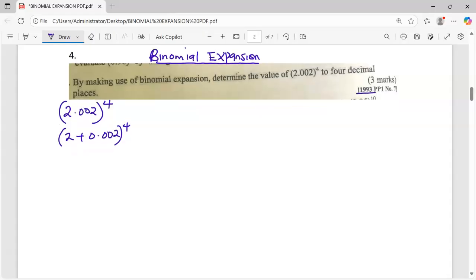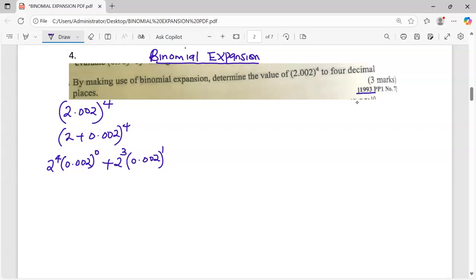Once we have done that, we can now expand in the normal way by starting with 2 raised to the power of 4. We multiply by the second term, which is 0.002. We start this with power 0, plus 2 to the power of 3, we multiply by 0.002 raised to the power of 1.